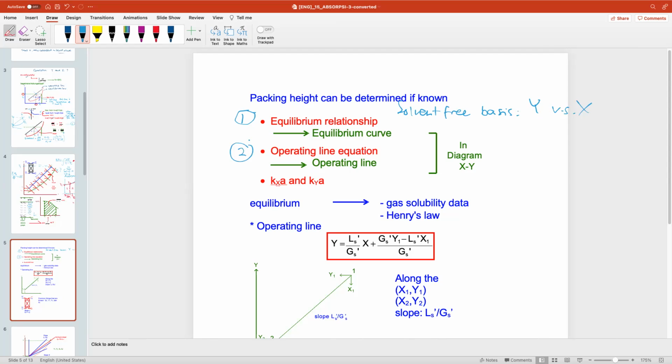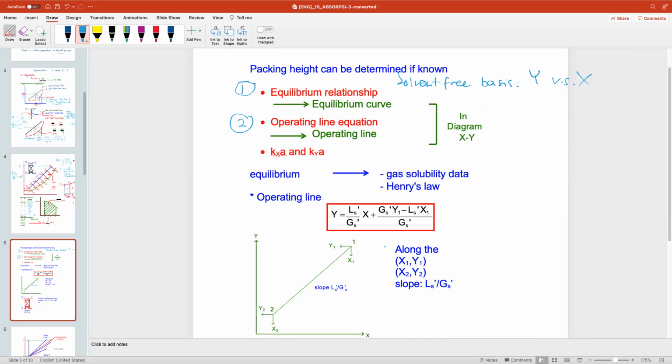The operating line, as we know, is a correlation between the y and the x at a certain height, and it follows this equation, which is Ls' divided by Gs' times x plus this term, which we can call the intercept.